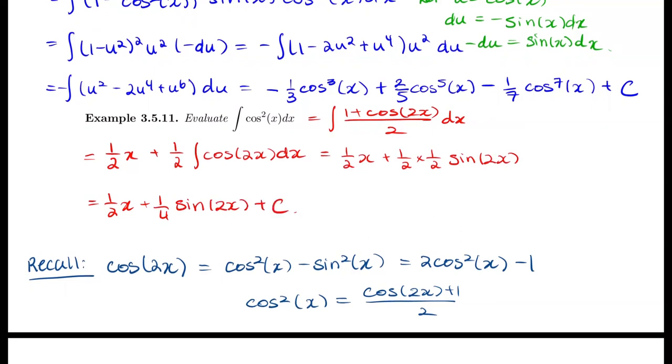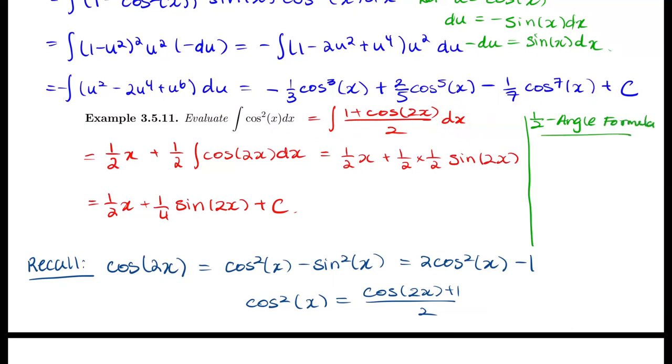So whenever we're dealing with an integral that involves cos squared of x, it is much easier to transform it into 1 plus cos 2x divided by 2 using the double angle identity. It's also worth noting that we should recall the half angle formulas as well. The half angle formulas are as follows.